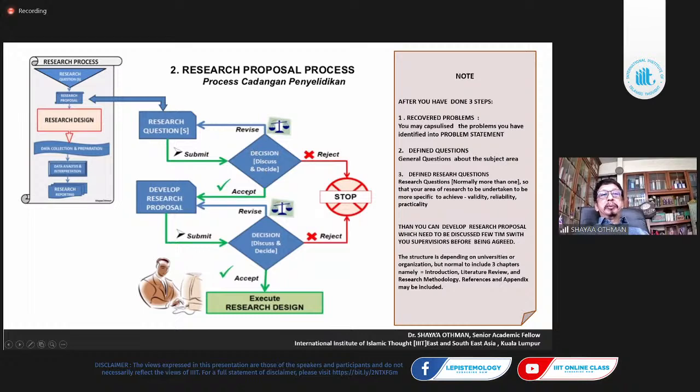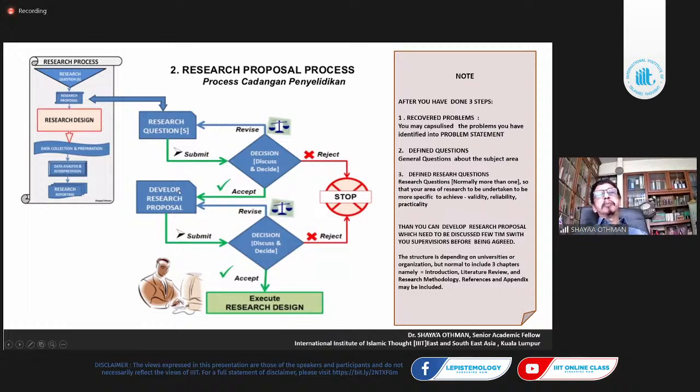After it's accepted, develop the research proposal. We have to develop the research proposal from this research question, then discuss and decide. I will show you an example of a research proposal. It depends on the university and the industry, but universities have a certain structured research proposal they want you to do.